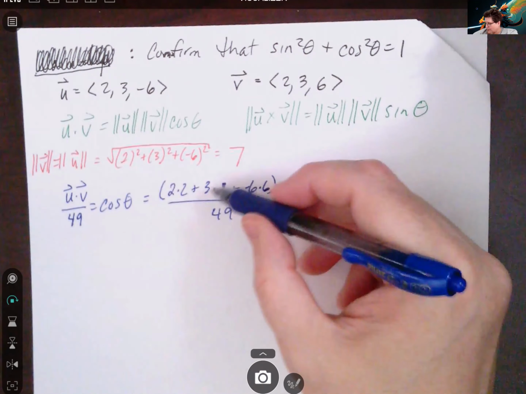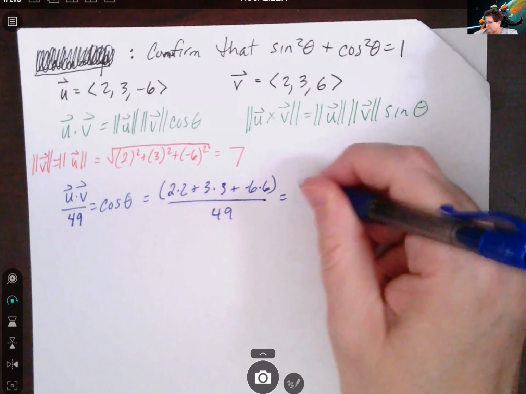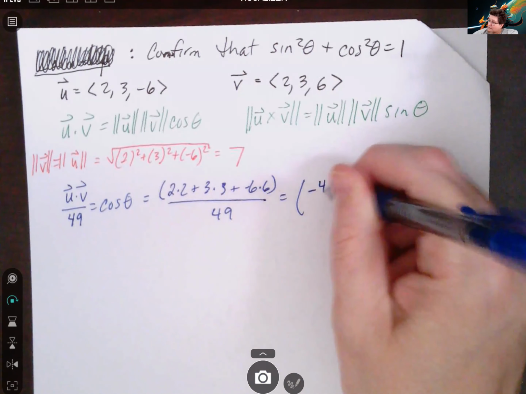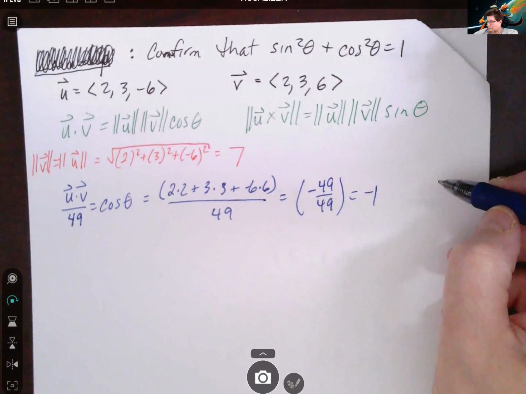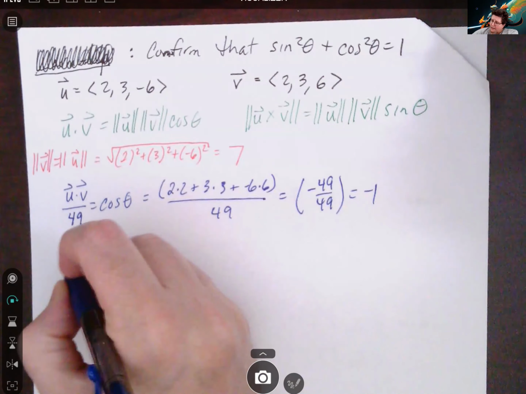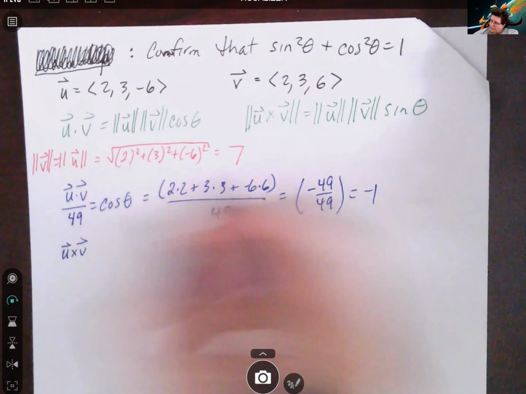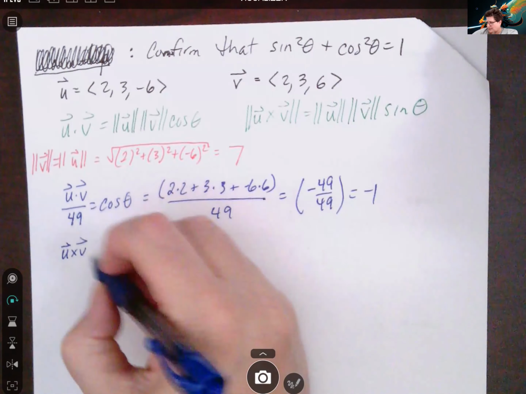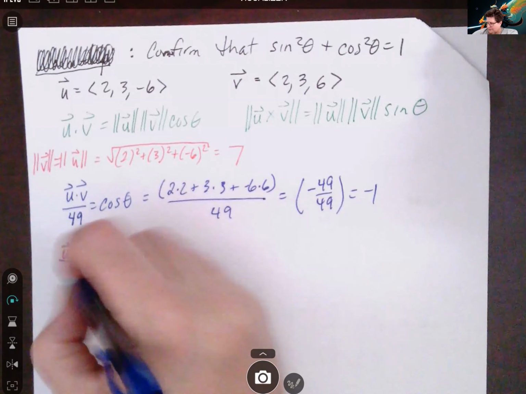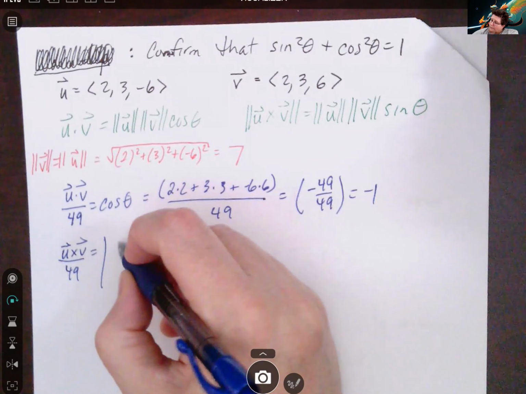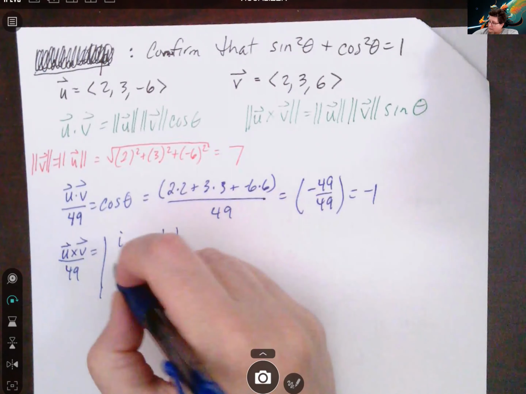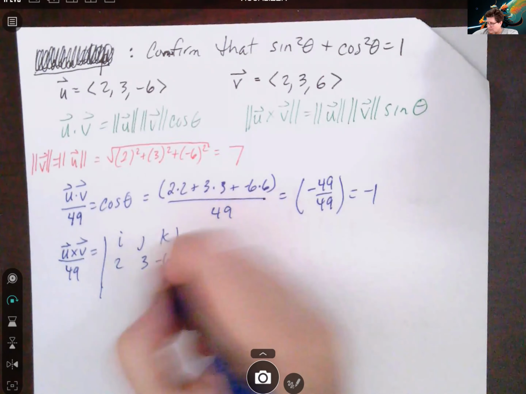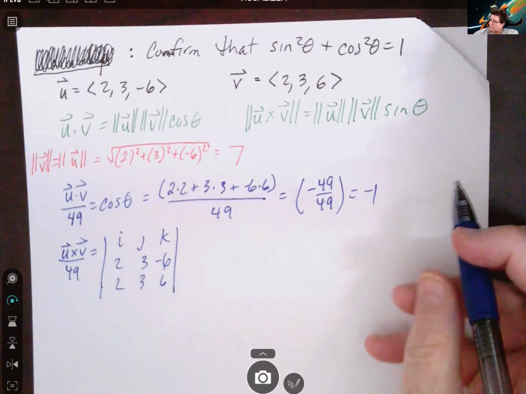And I get 4, 9, and 36, which is again 49, negative 49. Then U cross V, I'll divide by 49 afterwards. But we've got i, j, k. Well, they're both 7. When we square it, it works out.